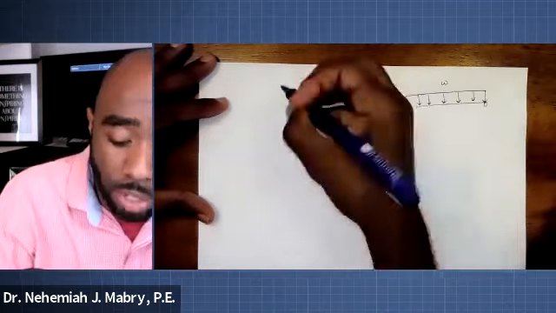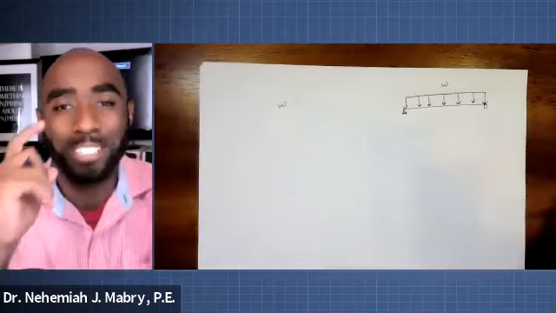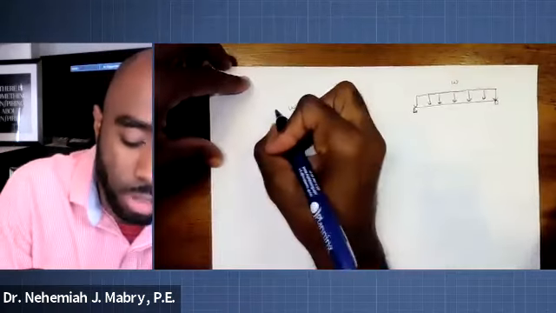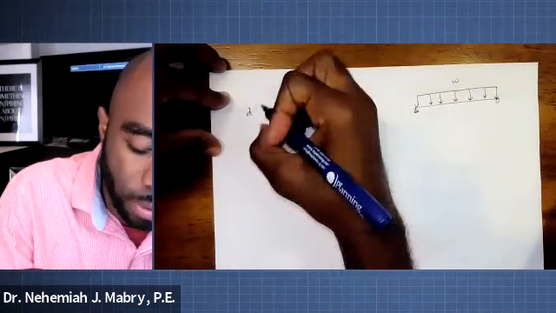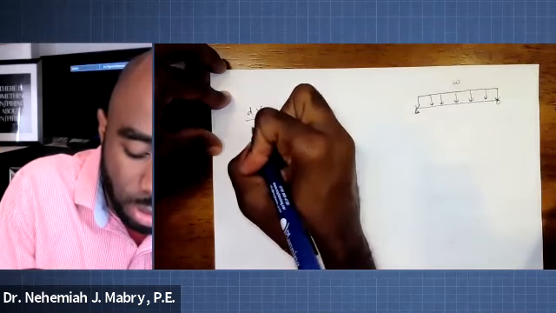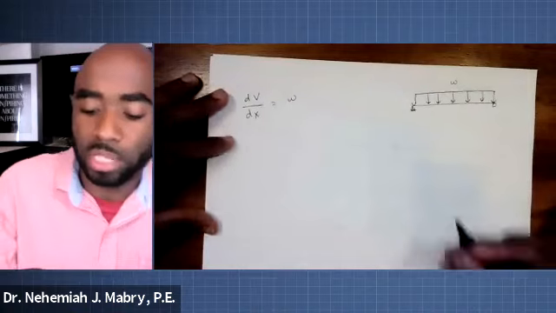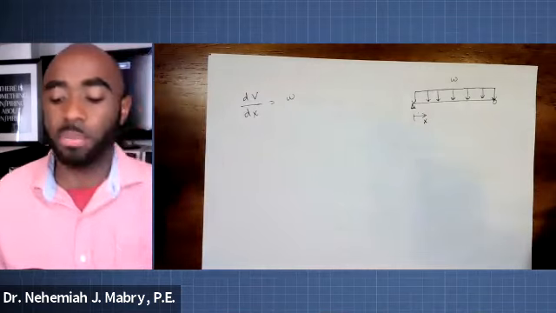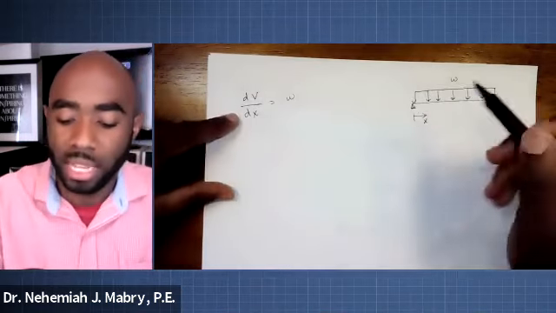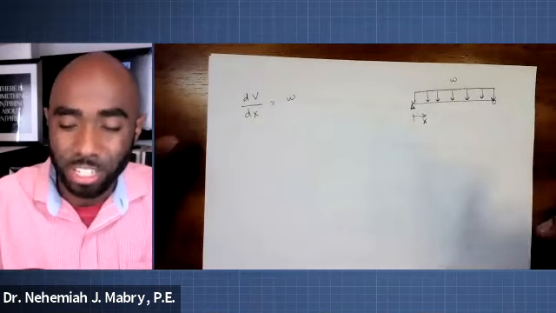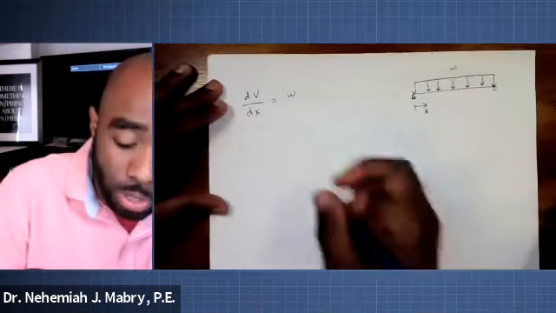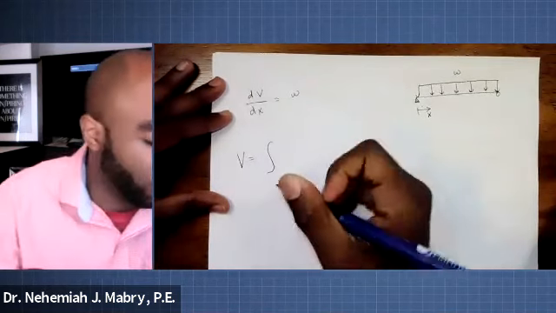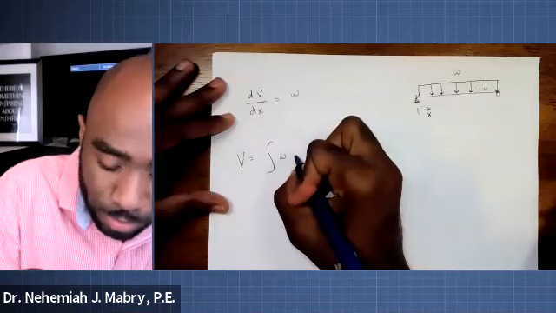Well, I will have you know that when it comes to W, in terms of calculus, and this was mind-blowing for me when I finally realized how calculus played a role, this is the derivative of how shear is experienced according to X along the length. So in other words, the derivative of shear with respect to X, X being the position, equals the distributed load W. So inversely, we can also easily say that shear is the integral, or the antiderivative, as we called it in calculus, of this distributed load.